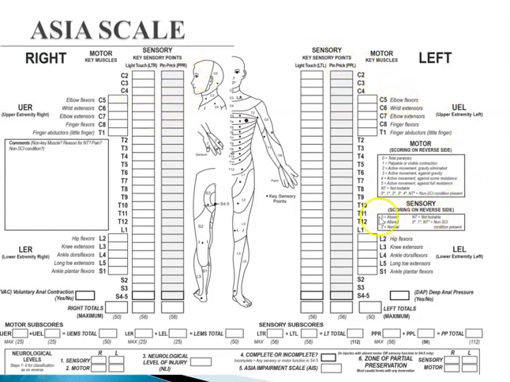If there is no response, no sensation, it is marked as absent, which indicates a score of 0. If the sensation is altered, it is indicated as 1. If the sensation is normal, it is indicated by a score of 2.